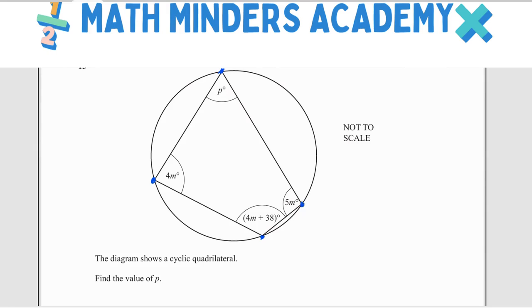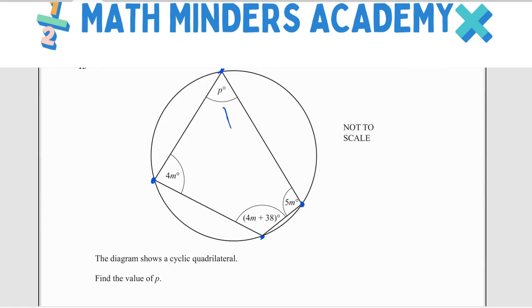A cyclic quadrilateral is a quadrilateral that touches the circle at 4 distinct positions. And there is a rule that the sum of the opposite angles of a cyclic quadrilateral gives us 180.